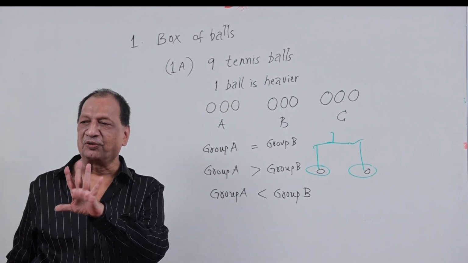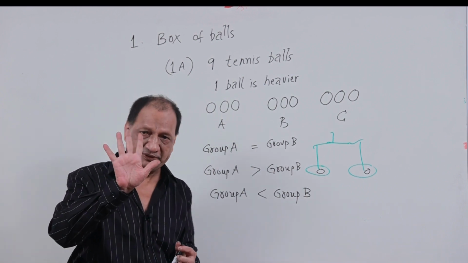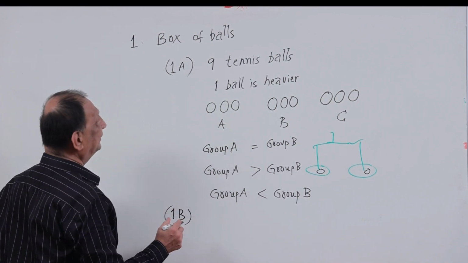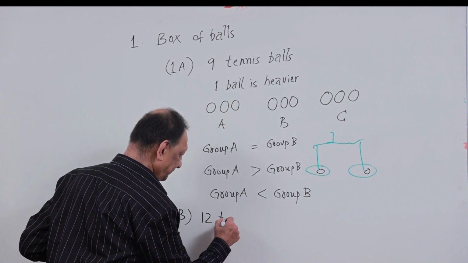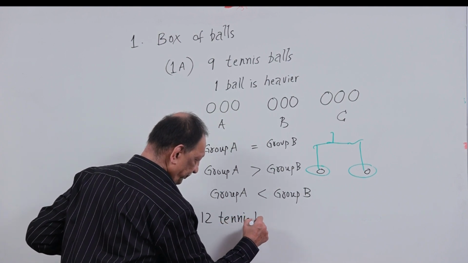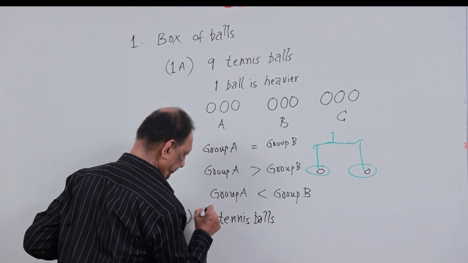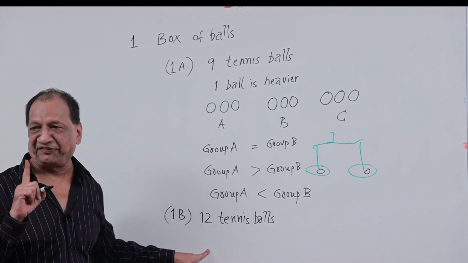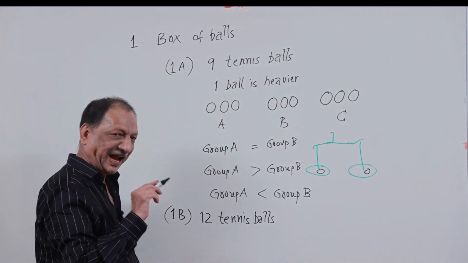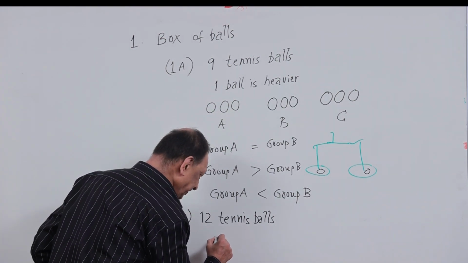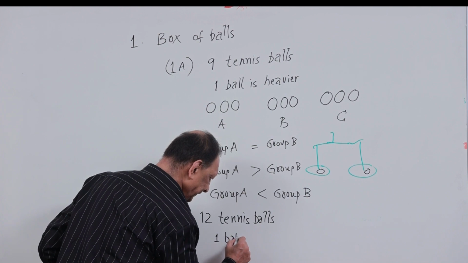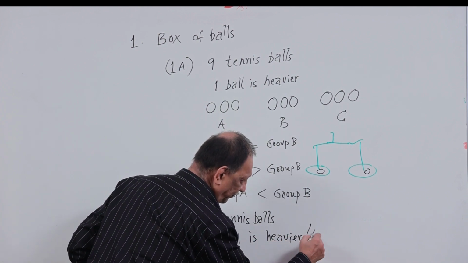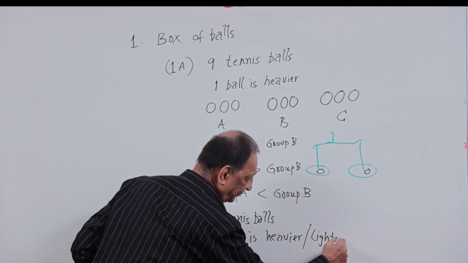Now, what you have to do is, your problem is very simple, is 1B. Problem statement, I got 12 tennis balls. Same issue, one ball is defective, manufacturing defect, but the catch now is, it could be one ball is either heavier or lighter, I don't know, than the others.